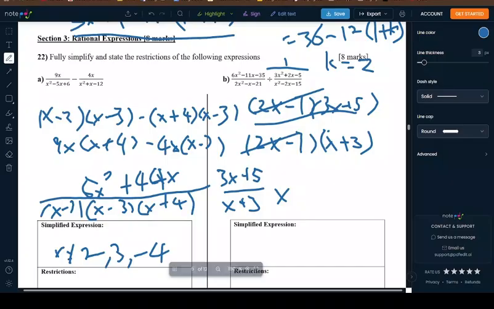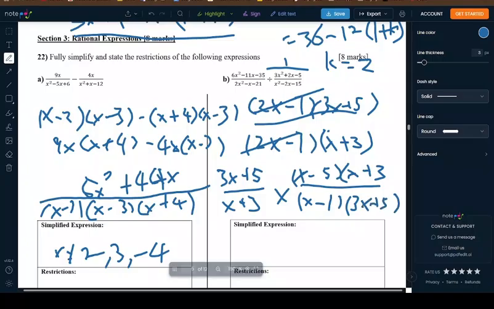So x minus 5 and x minus 5 and x plus 3. And on the bottom we will have 2, negative 5. So we will have x minus 1 and 3x plus 5.